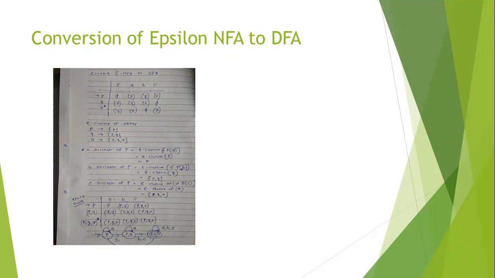So PQ to PQR we are connecting with B comma C. So PQR again for A, B, C it is going to itself, so we are just writing a self loop, PQR going to itself for the inputs A, B and C. So in this way we have converted the epsilon NFA into DFA.